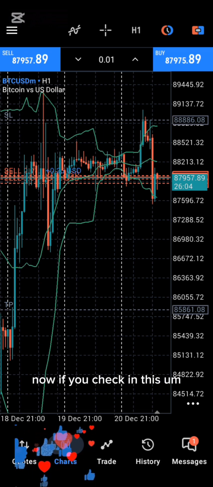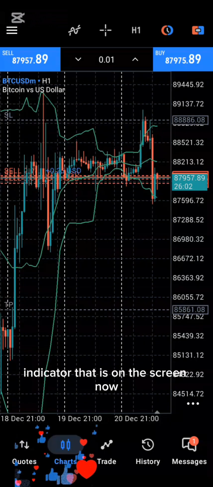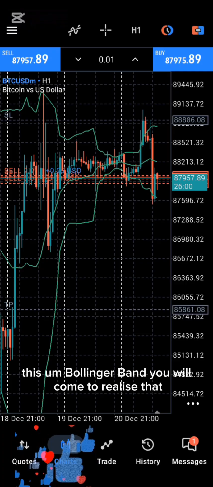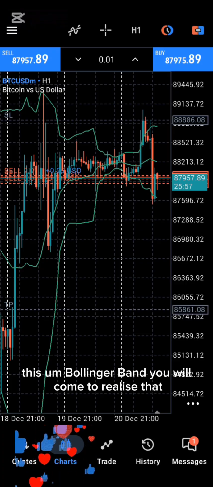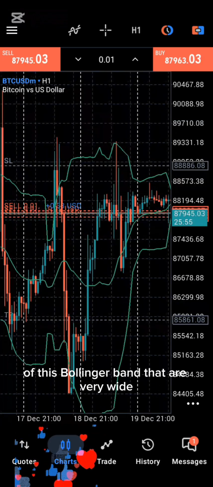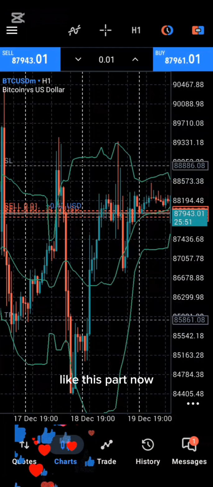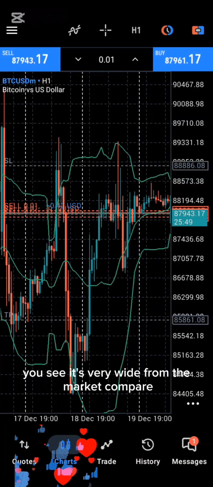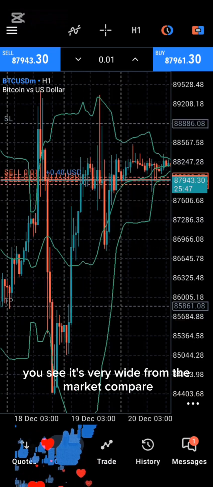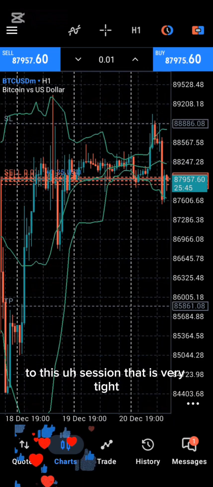Now, if you check this indicator that is on the screen, this Bollinger Band, you will come to realize that there are some parts of this Bollinger Band that are very wide. Like this part now, you see it's very wide compared to this session that is very tight.